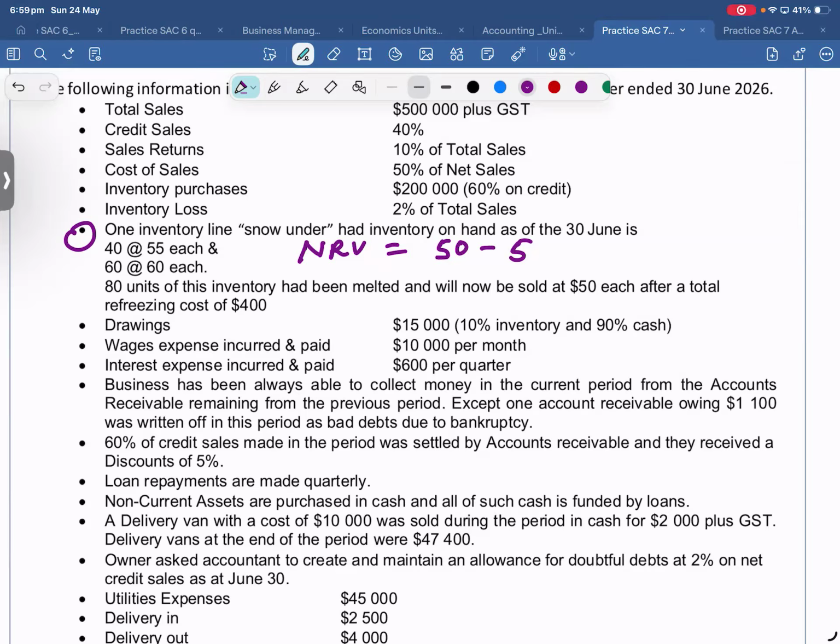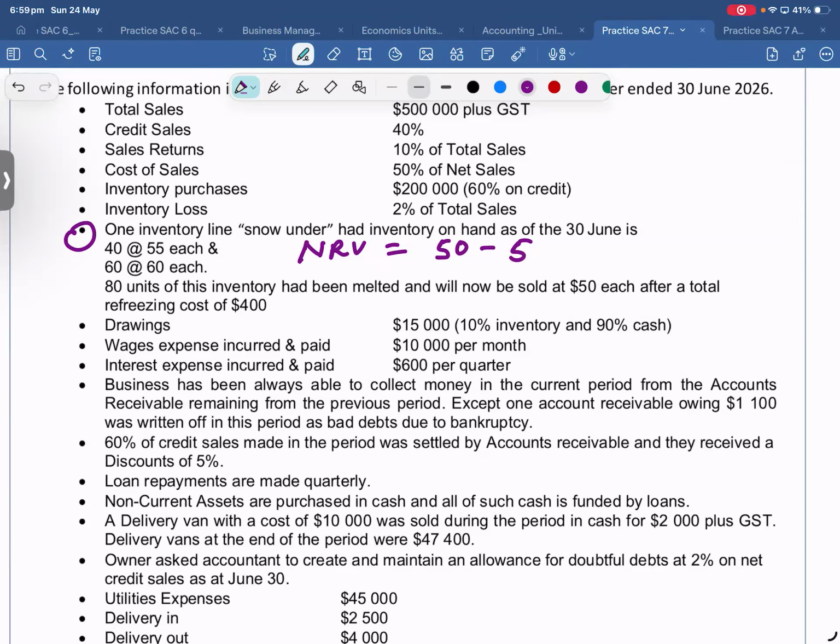Then we are going to say this 55 becomes 45, meaning $10 times by how many units? 40, which is 400. And then the 60 ones, what happens? 60 take away 45, which is 15, yes? 15 times how many?